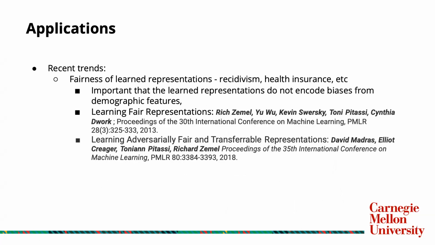A second trend is that of fairness. So machine learning models are increasingly being used in very important social tasks such as recidivism prediction or predicting how much health insurance premium to charge to a person. And it turns out that when you optimize for accuracy, you don't always optimize also for fairness.